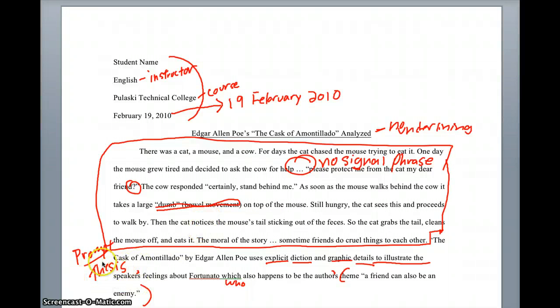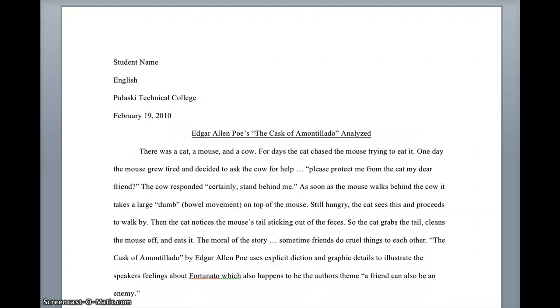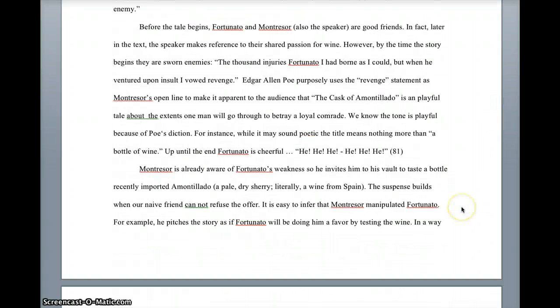So the thesis answers that prompt, and hopefully we'll get to see the author elaborate and support this idea. Okay, so let's look here. We're going to move up to the next page here. Okay.